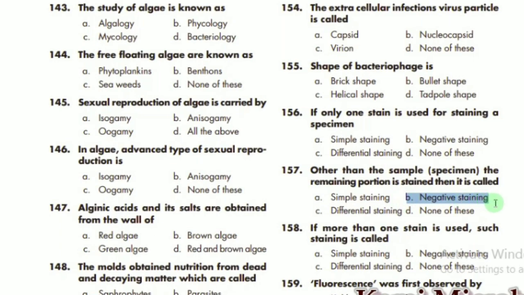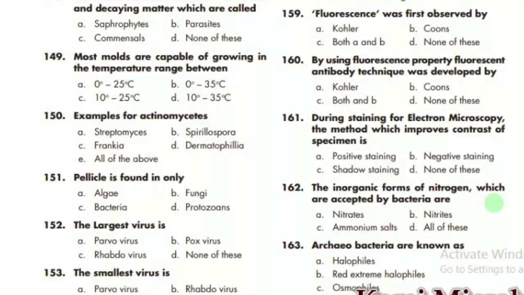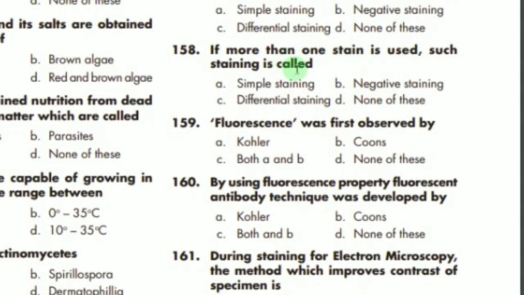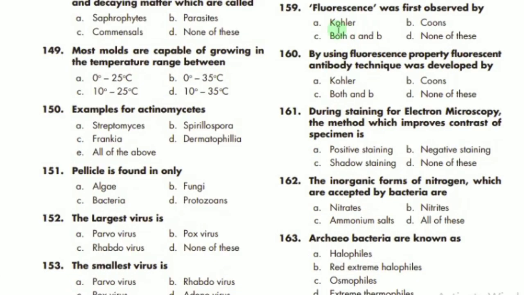B is the correct option. MCQ 158 says that if more than one stain is used, such staining is called differential staining. So C is the correct option. Next, MCQ 159 says that fluorescence was first observed by Kohler. A is the correct option.